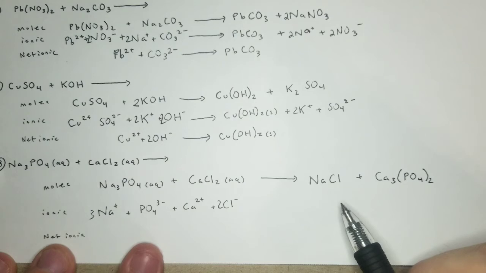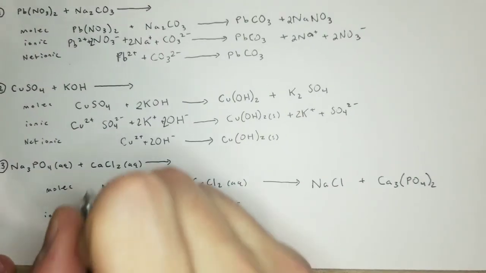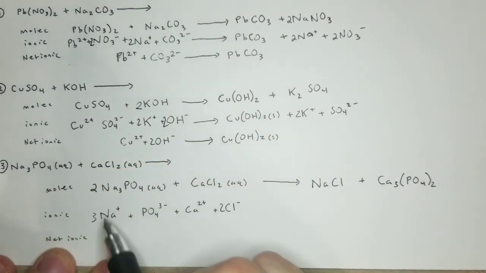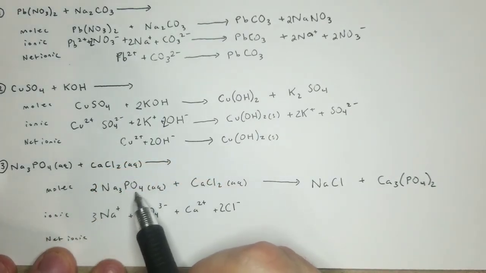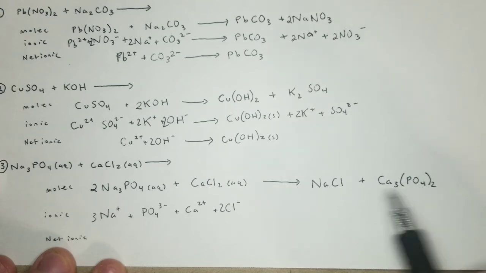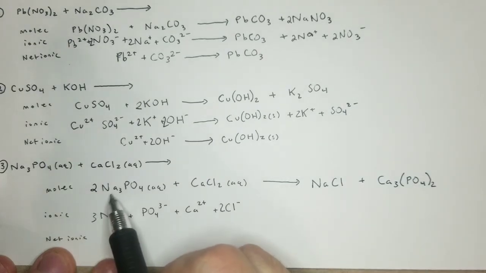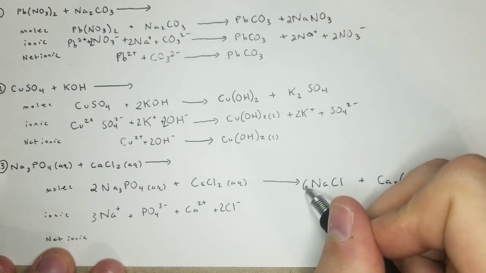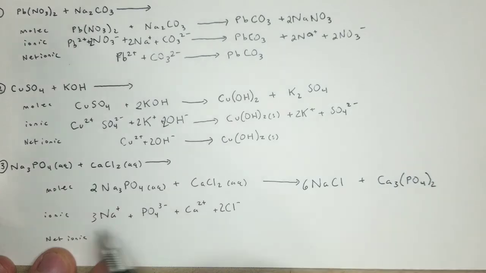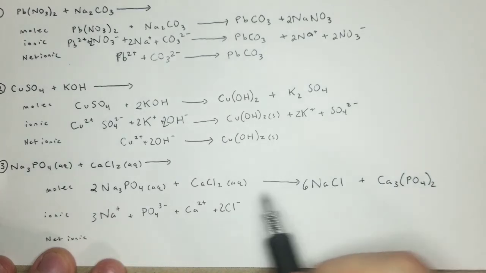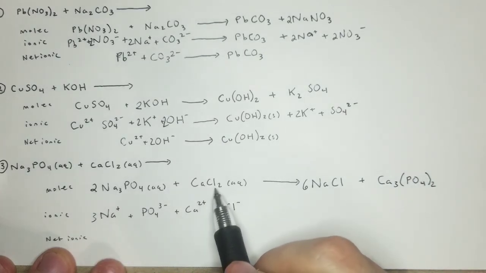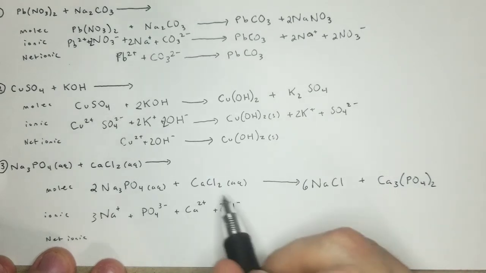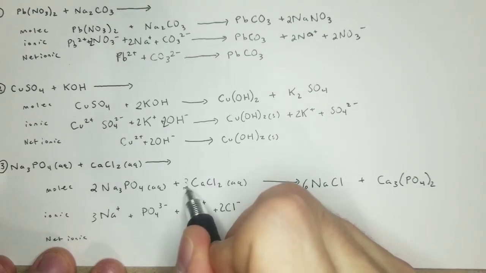So if we put 2 here, we're going to get 6 sodium, 2 PO4, and then we're going to need to do the Cl. If we put a 6 here, we have 6 sodium on both sides, and then chloride, we have 6 over here, 2 over here, and 2 times 3 is 6. There we go.